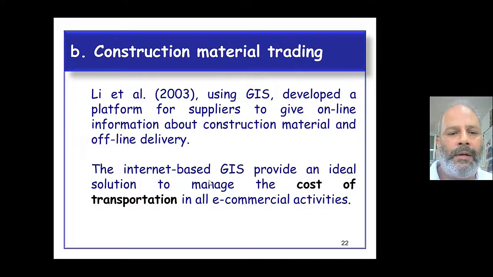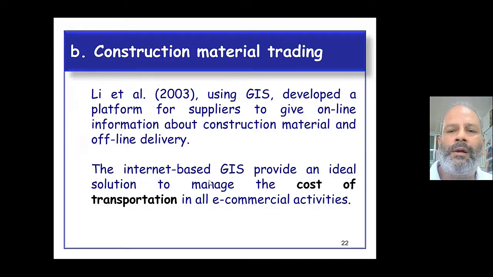Then material trading. Actually, whenever there is some purchasing, either the supplier and buyer establish a direct link, or that link is established through an agent, or the third possibility is that the link between buyer and supplier is established through the internet.